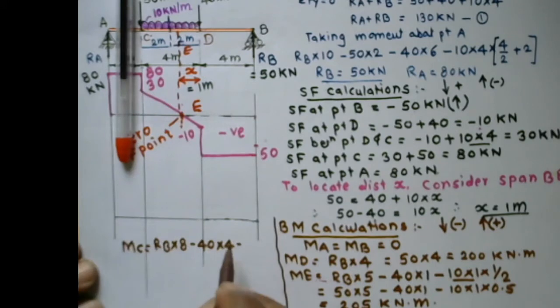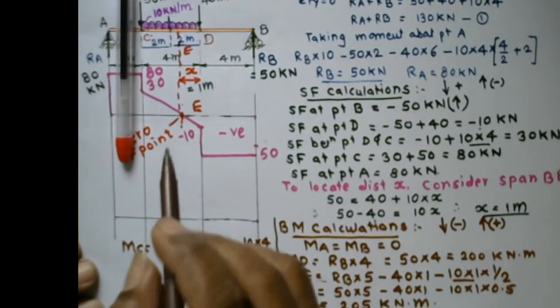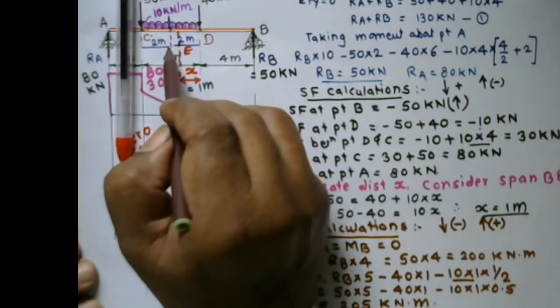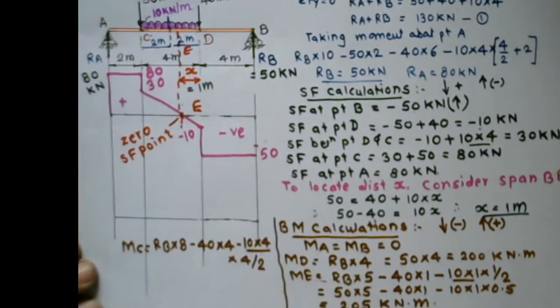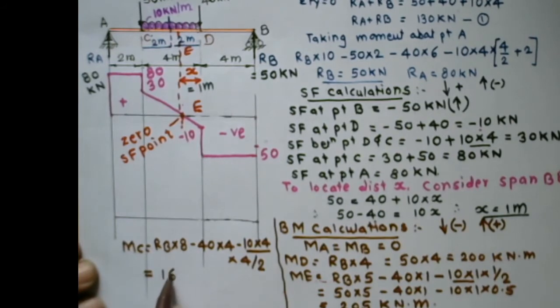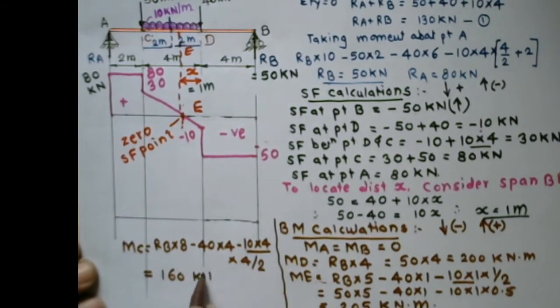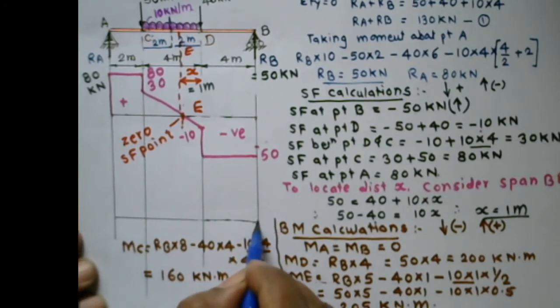Now take UDL 10, span is 4 meter and it is acting at the center of the span, that is 4/2, so this distance will be 2 meter only. Put the value of RB in that case. Here you will get the moment 160 kilonewton meter.